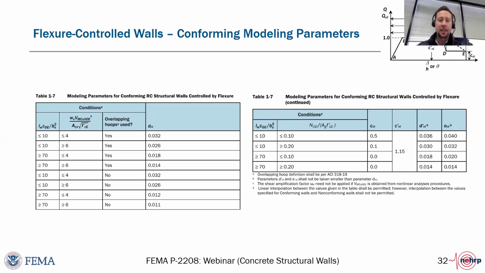And then you can see, although there's some influence on the DNL parameter, it wasn't big enough to include in the other parameters that govern our backbones. If you look at the portion of the table over to the right of the screen, you see that you still have effectively that lambda ratio, but then you also have axial load ratio. And interestingly, shear doesn't show up anymore.